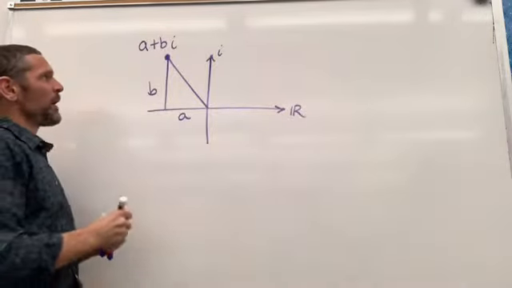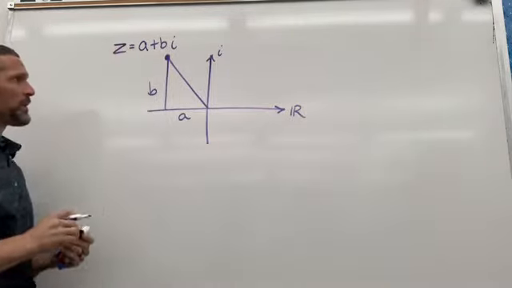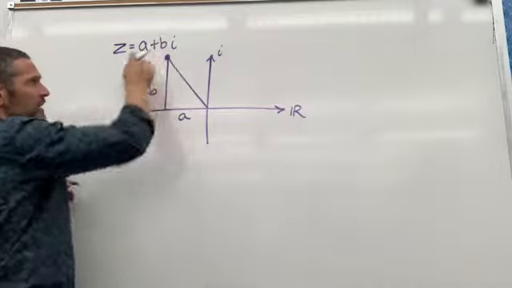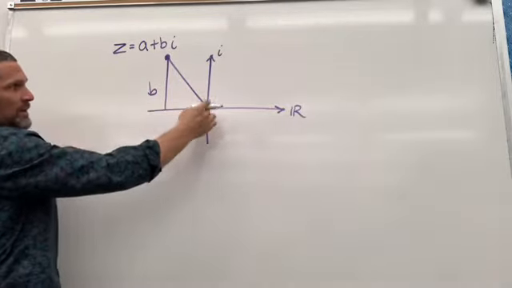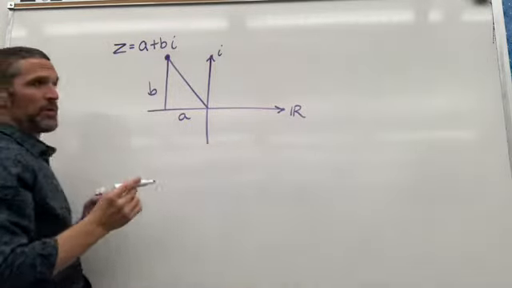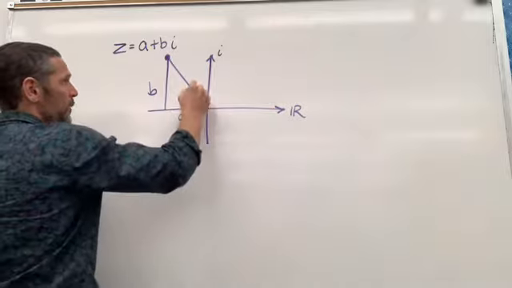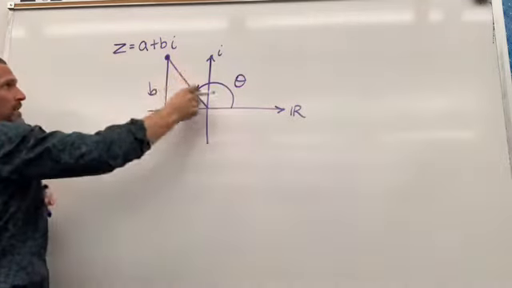If we're talking about this complex number, z is equal to a plus bi, and I put this here in the second quadrant, well, if I want to get there using standard form, I'm going to go over a and up b. If I want to think about this in terms of trig form, I'll need to know what is this angle and what is this distance.